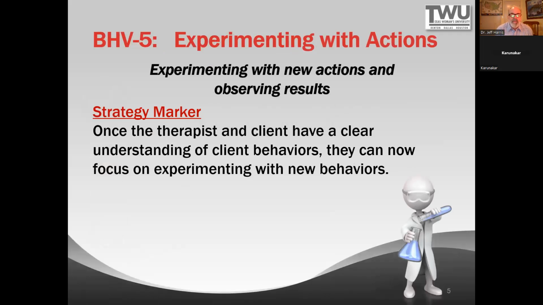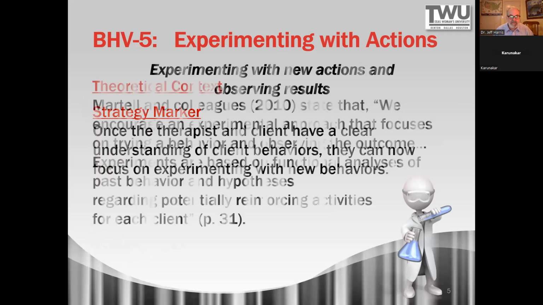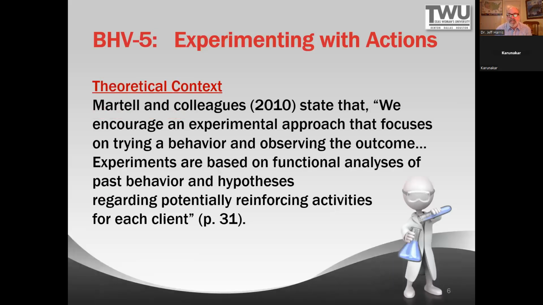Behavioral strategy 5 is experimenting with new actions and observing results. The strategy marker here is that once the therapist and client have a clear understanding of the client's behaviors, their triggers, their consequences, their function, they can now focus on experimenting with new behaviors. Martell and his colleagues said, we encourage an experimental approach that focuses on trying a behavior and observing the outcome.